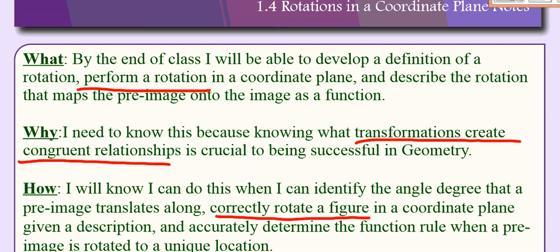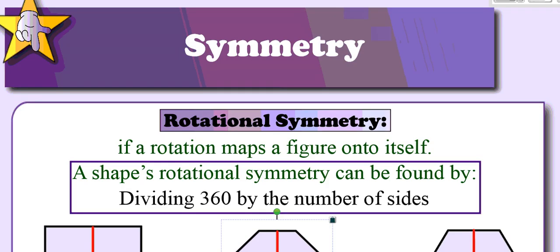So there's going to be a couple different ways we can do it, but first let's start by talking about rotational symmetry. And that's just when a rotation maps onto itself. We talked about line symmetry in our last lesson. Line symmetry, you can fold it and it matches up with itself.